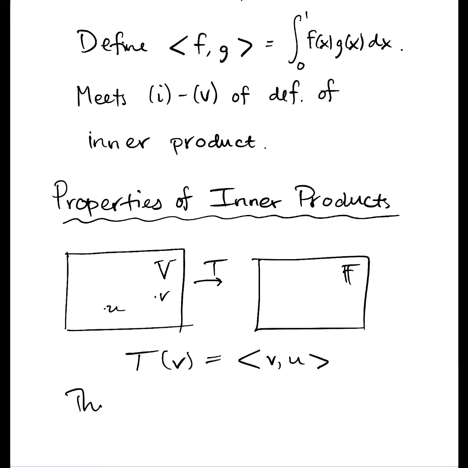And that's that first property in theorem 6.7. This is a linear mapping from V into the scalar field.